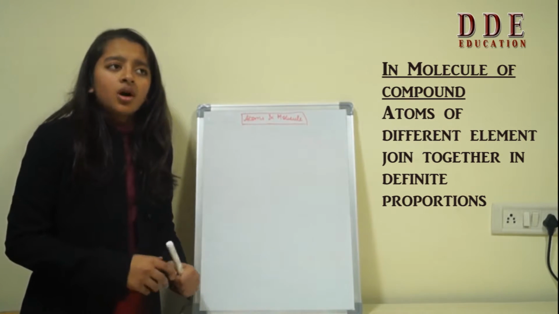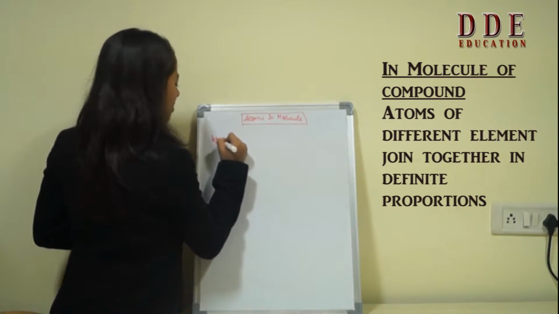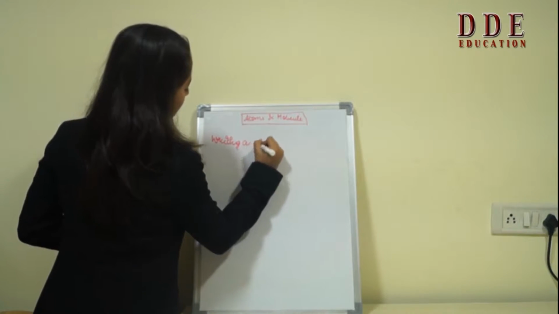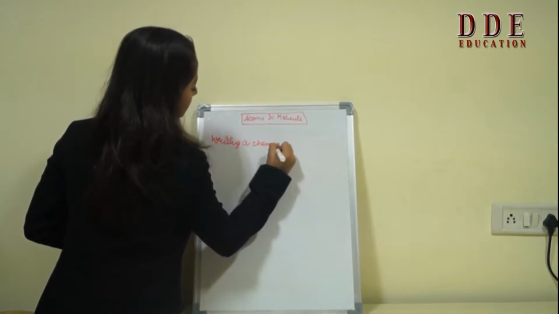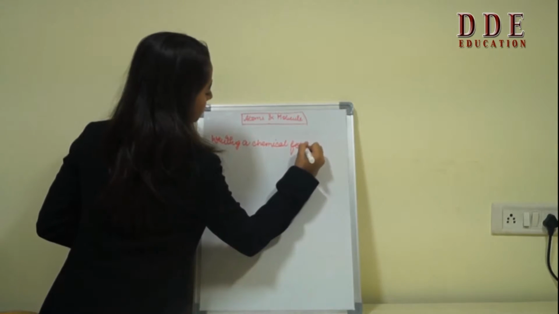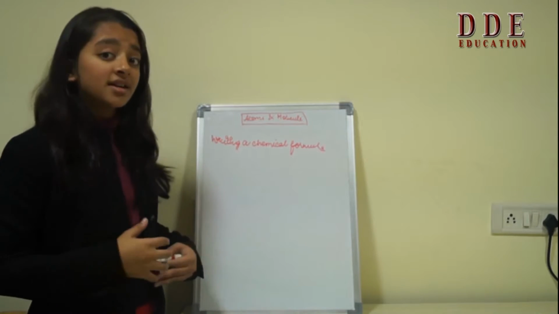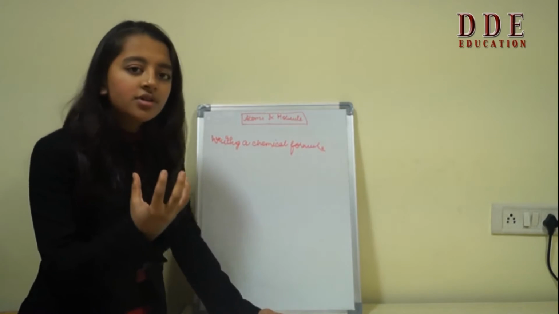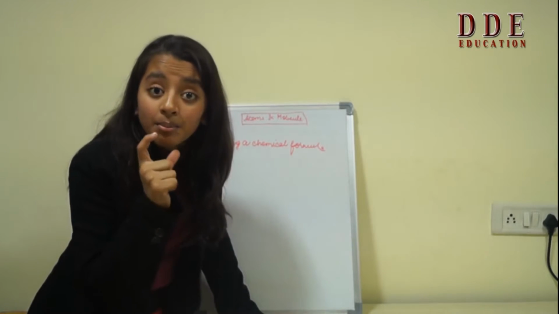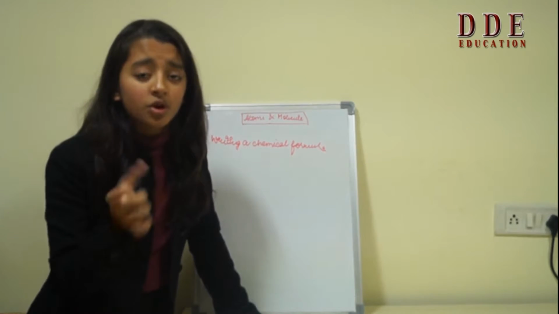Now we come to another topic, that is writing a chemical formula. But before explaining how to write a chemical formula, I will first tell you about valency. Valency is the combining capacity of an element or an atom.